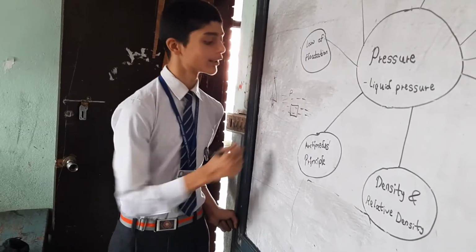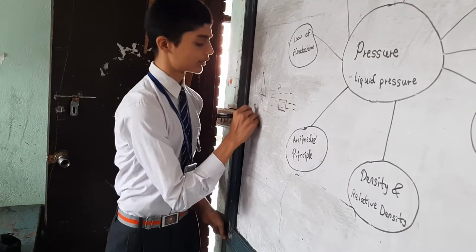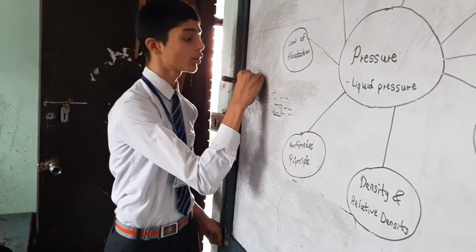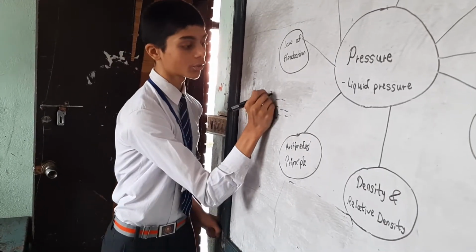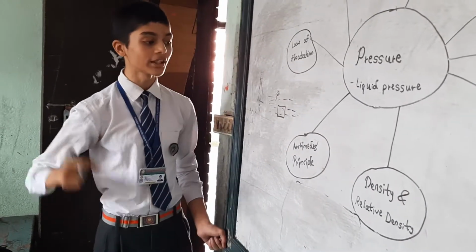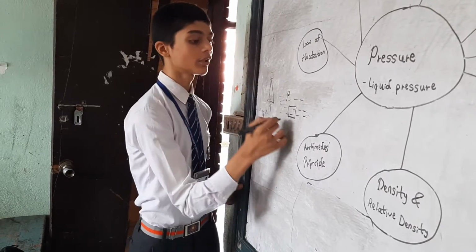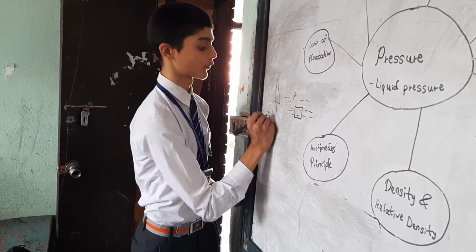Now, as you told, the value of small g is more in this region than in this region, and your question was it is easier to lift our limbs in water than in the air.